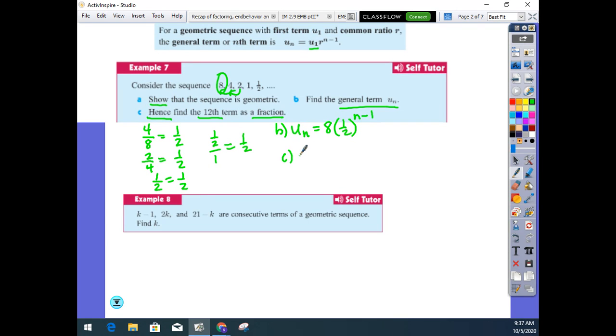So using my formula, I'm looking for the 12th term, u sub 12 equals 8 times 1/2 to the 11th. Okay, so think back to chapter 4 when we would have to change everything into base 2. So 8 is the same thing as 2 to the 3rd. 1/2 to the 11th is just 1 over 2 to the 11th.